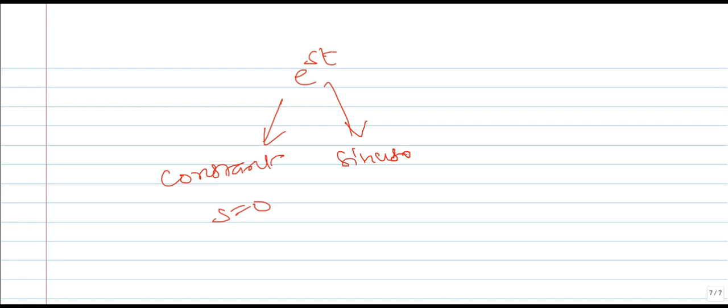Okay, so in this video we have seen that the general complex exponential signal e to the power st gives four types of signals: a constant when s is 0, and a sinusoid when s is equal to plus minus j omega. In this case, sigma is 0.